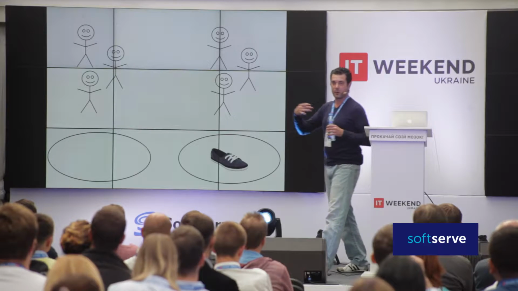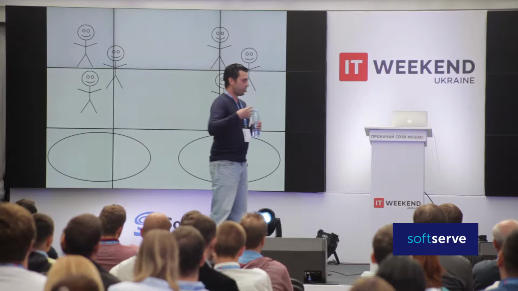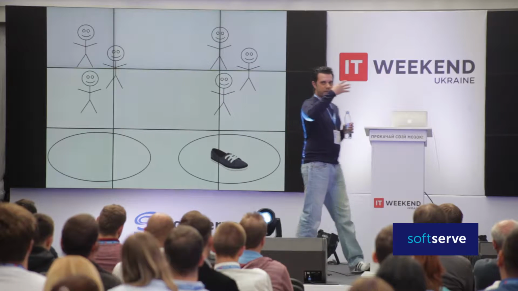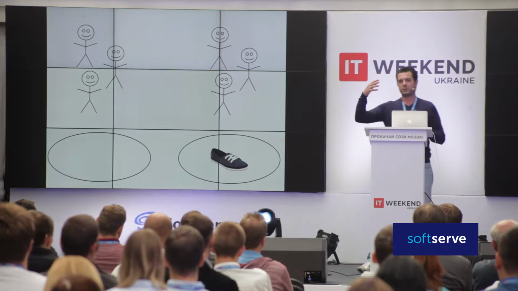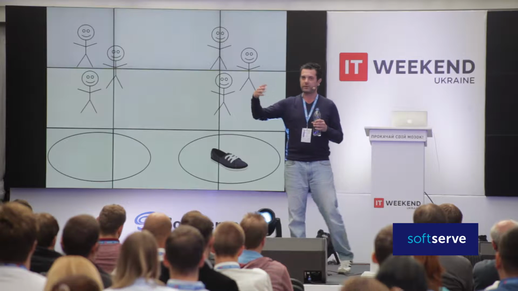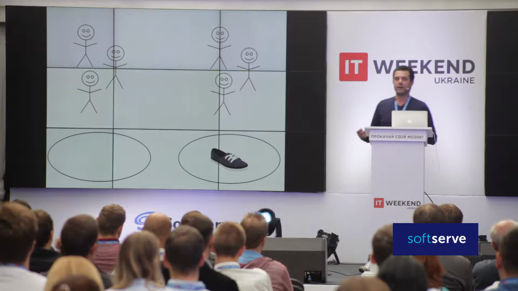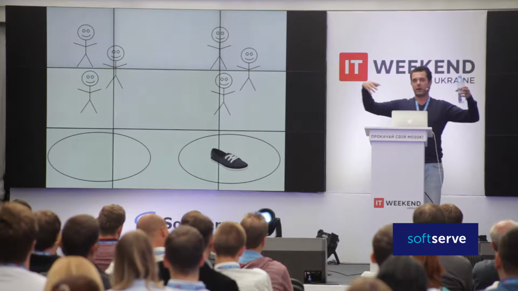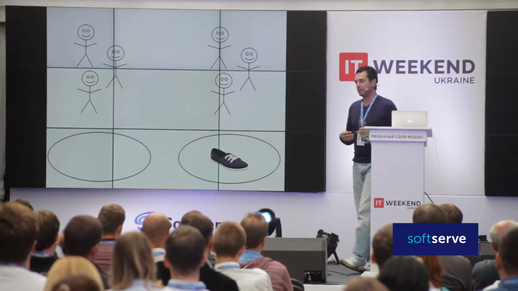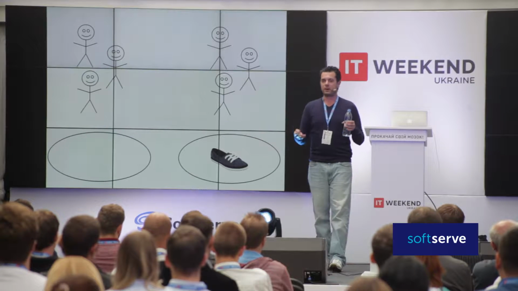The second group was primed about the customer. So, they were told, okay, this is our typical customer, this is what he or she feels and thinks, and you should put yourself in those shoes. And both groups then were asked to forecast the reaction of customers in front of a new product.